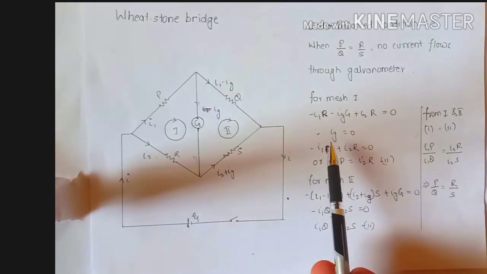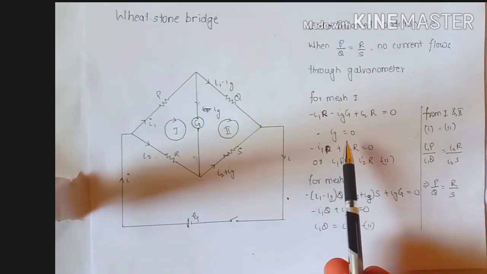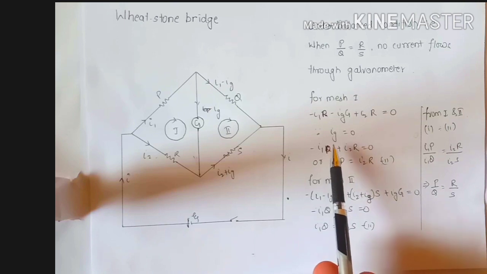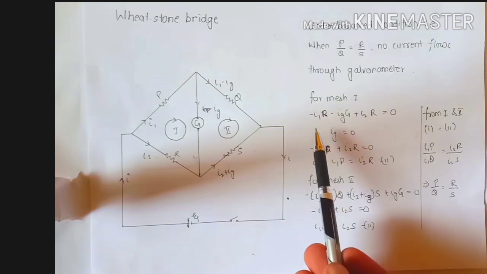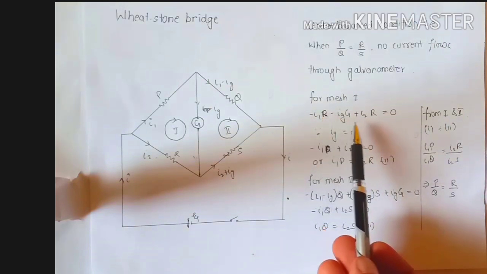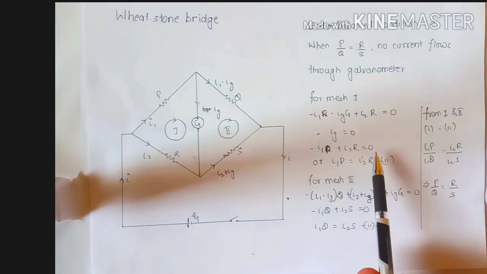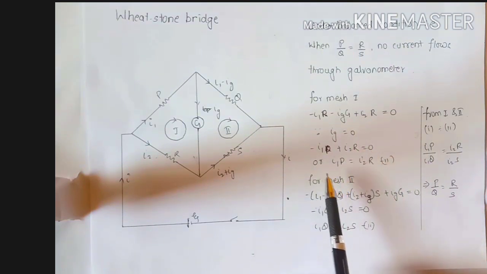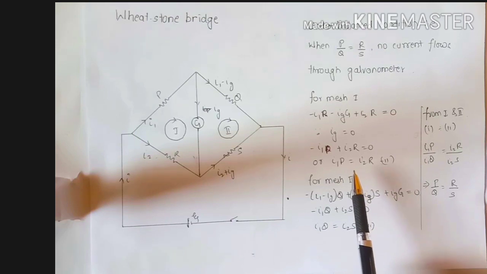As in balance condition current flowing through galvanometer is 0, so the equation modifies to minus I1 into P plus I2 into R is equal to 0. So I1P is equal to I2R.